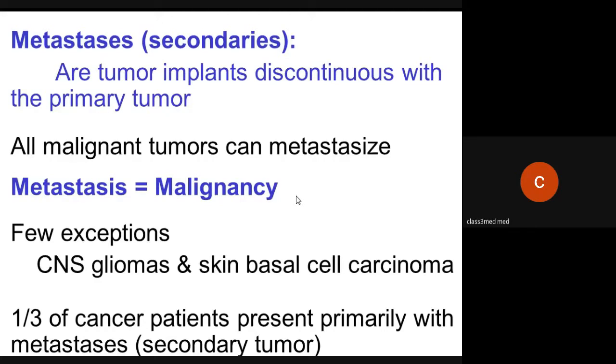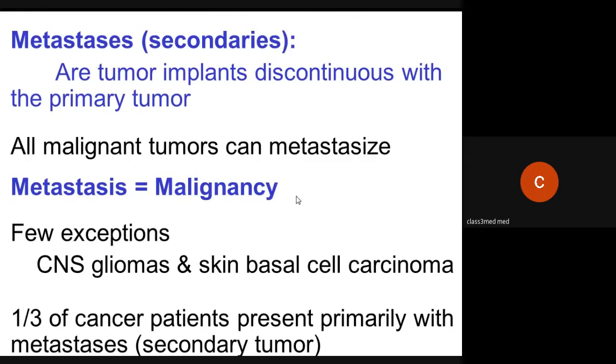For example, the patient may have a carcinoma in the nasopharynx, but he presents with cervical lymphadenopathy, enlargement of a cervical lymph node. So the presenting symptom is the swelling in his neck.